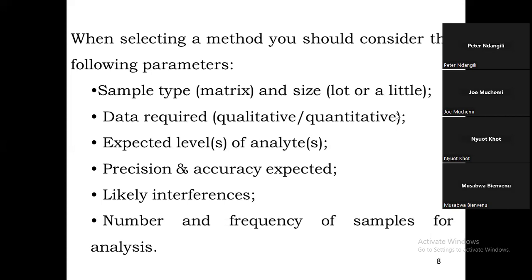There was interference, and the other one was what? You remember that question? Contaminant. Yes? Contamination. Contamination, yes.